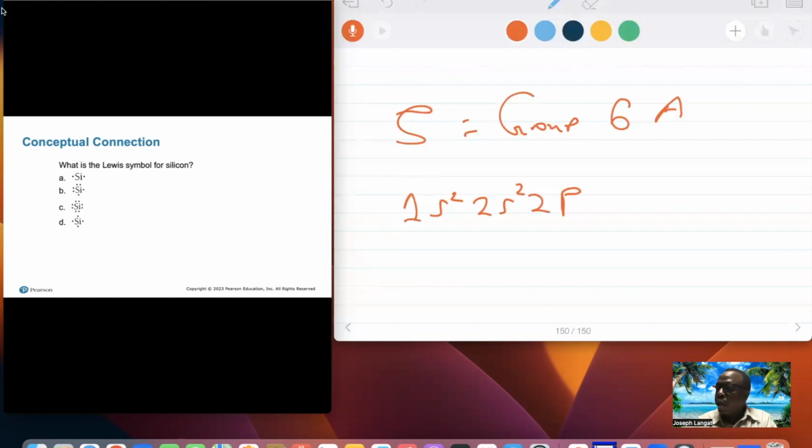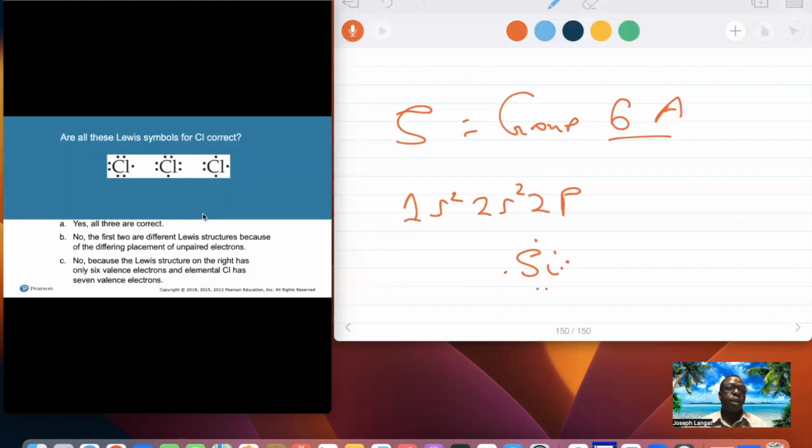So if I write that for group 6A, the dots will be 1, 2, 3, 4, 5, 6. So for group 6, they have 6 valence electrons.